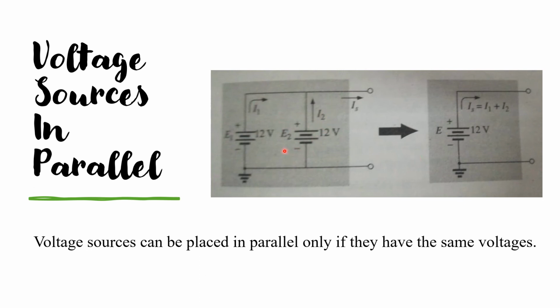So when we draw the equivalent circuit, the total current I is equal to the current of source 1, I1, plus the current of source 2, I2, and we have the same potential of 12 volts. So we can only place voltage sources in parallel if they have the same voltages.